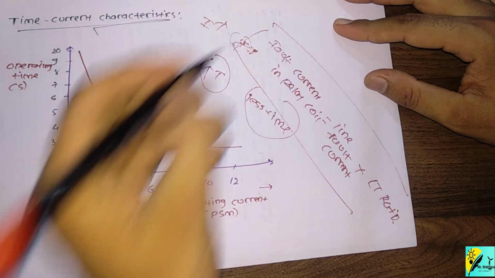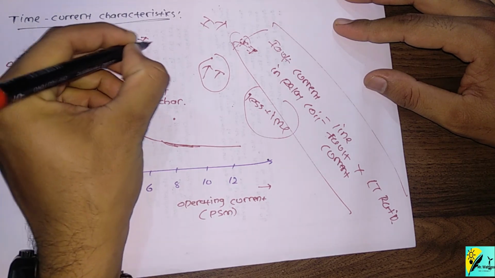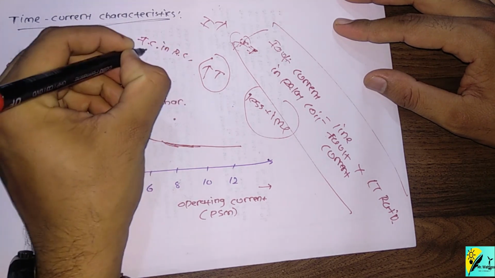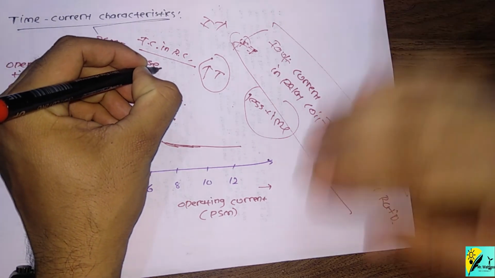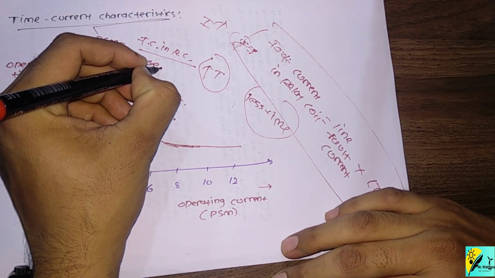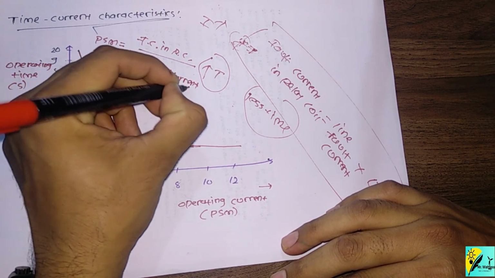And what is PSM? Plug setting multiplier is the fault current in the relay coil upon the rated secondary CT current into the current setting.